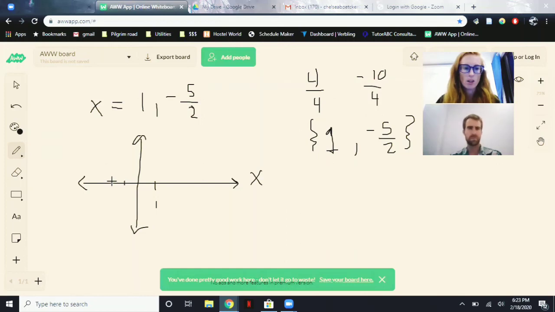So 1, 2, 3. So in between negative 2 and 3, a point would go there. That makes sense? Okay, so we put a point right here, and a point right here on the graph, and I'll just sketch it. And so that's what you're solving for, is these 2 points right here when you're using the quadratic equation.